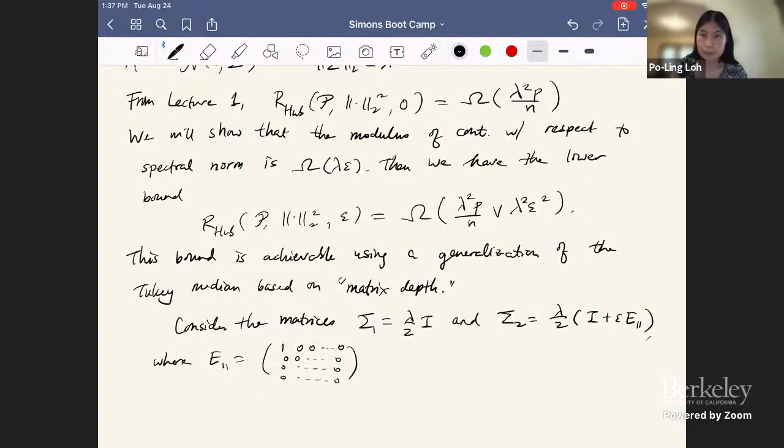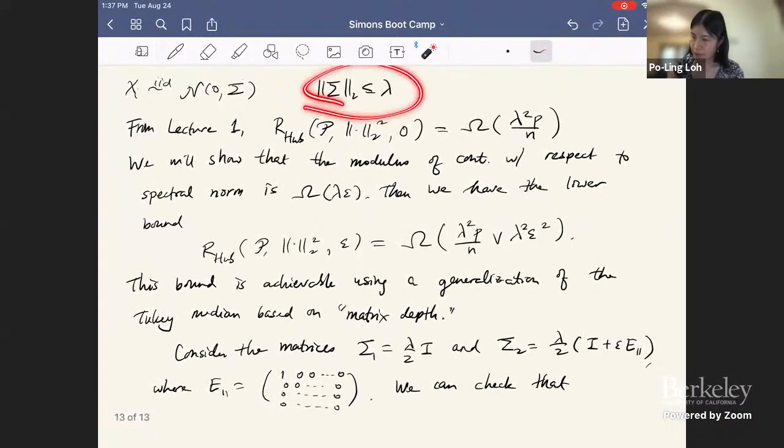Then we can check that both of these are in the class of matrices with spectral norm bounded by lambda. Namely, epsilon is the level of contamination, so the spectral norm of this matrix is bounded by 2, and therefore the overall spectral norm is bounded by lambda.